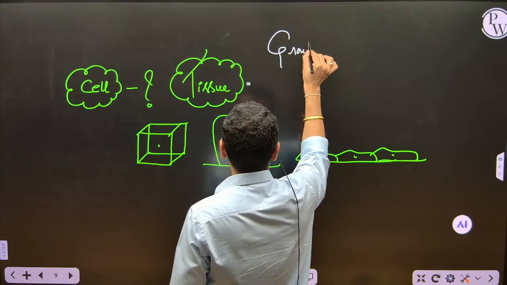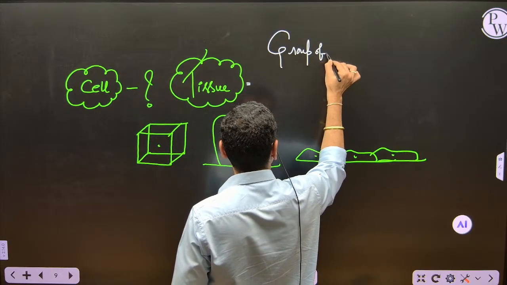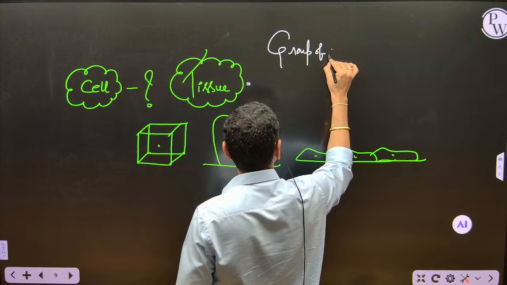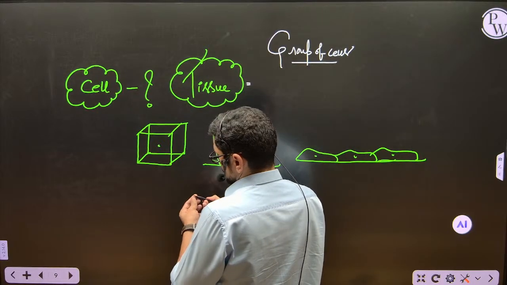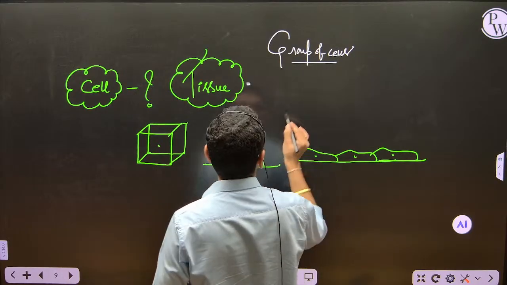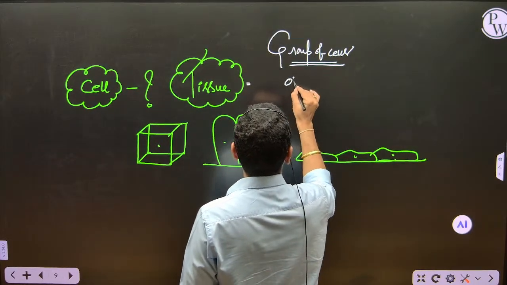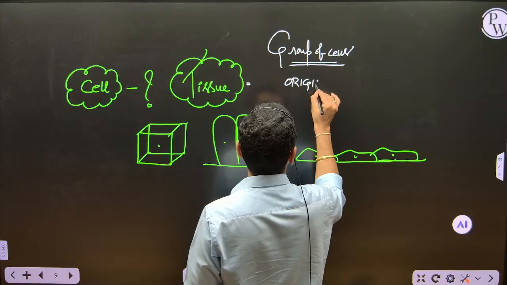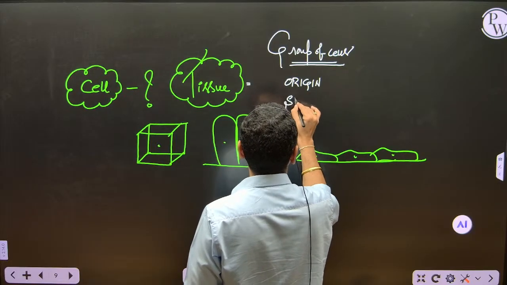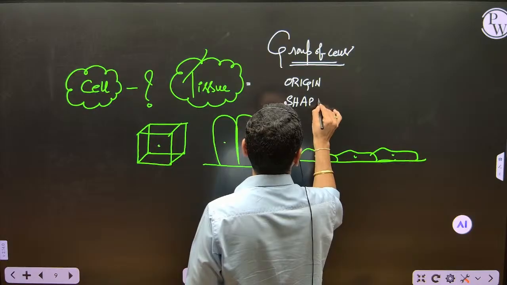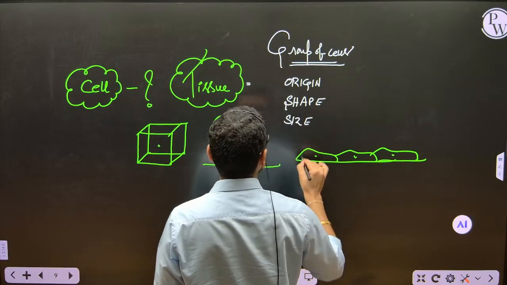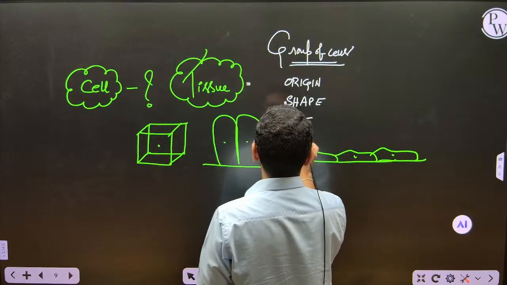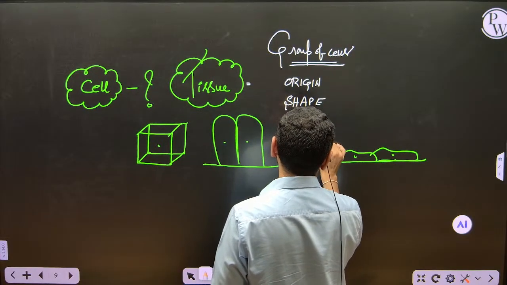Tissue means a group of cells having a common origin, a common shape, a common size, and more or less performing a common function.